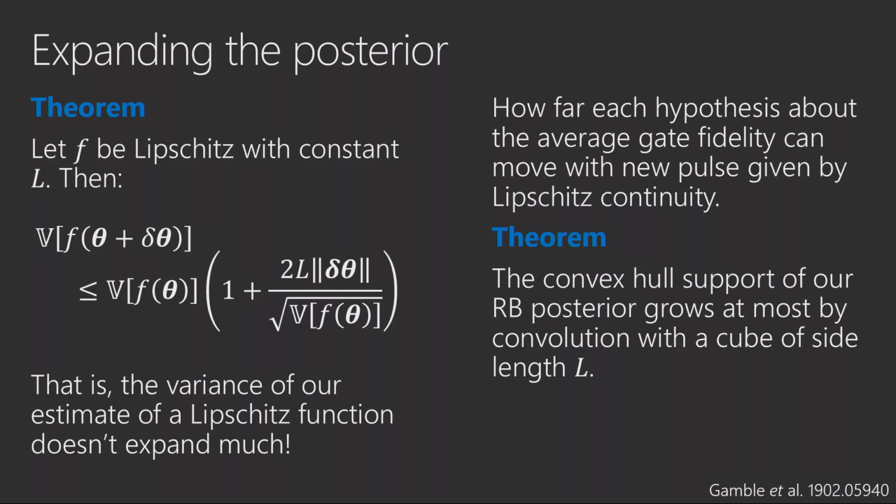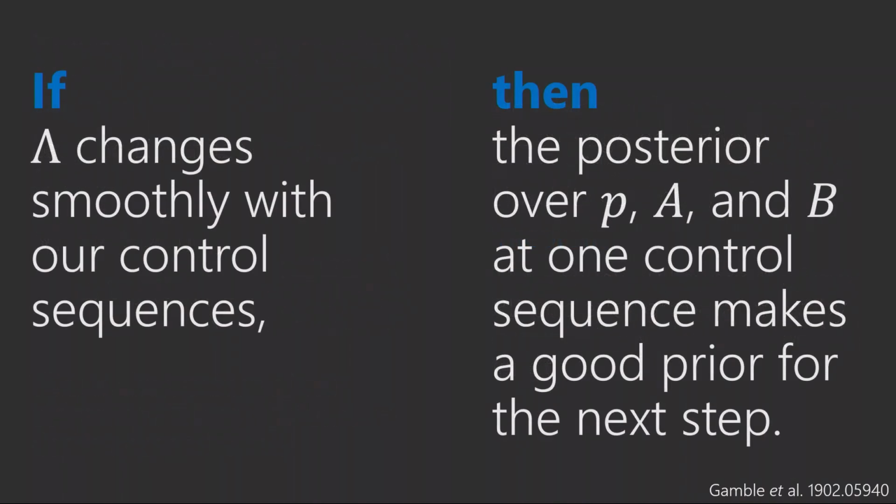So we have a limit to how far each hypothesis about those randomized benchmarking parameters can move as we change our pulse, and it's given by that same L we just computed on the previous slide. The convex hull of our support grows at most with that constant as we move things around. So to summarize, if our channel changes smoothly with our control sequences, then our posterior over interleaved randomized benchmarking parameters at one control sequence makes a really good prior for the next step when we expand in this way.